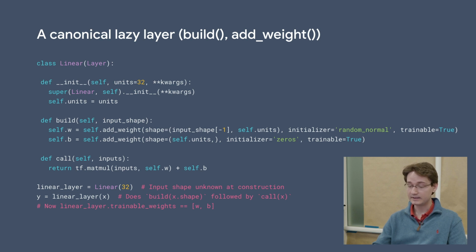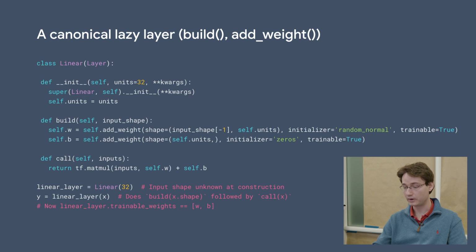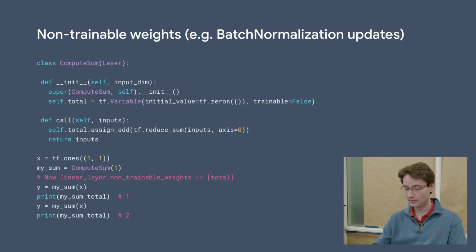And when you instantiate the layer, it does not have any weights. And when you call it for the first time, this __call__ operator is going to chain the build method that you have here and the call method. And in the build method, you see we use this add_weight shortcut. It's basically just a slightly shorter version of creating a variable and assigning it on the layer.